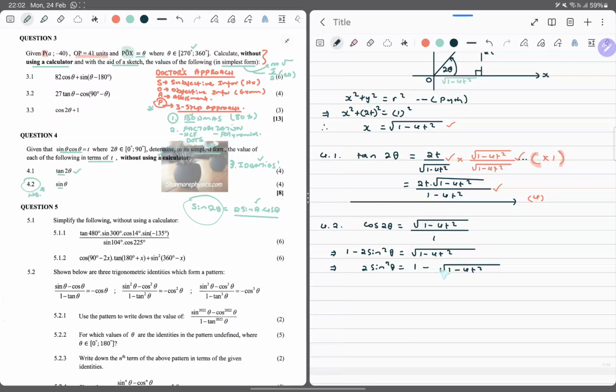So we can just say 1 minus that root there. It's too long. Anyway, this is the story, guys. So what do we do now? We divide by 2. So sine theta is going to be the square root of 1 minus the square root of 1 minus 4t squared, all divided by 2.